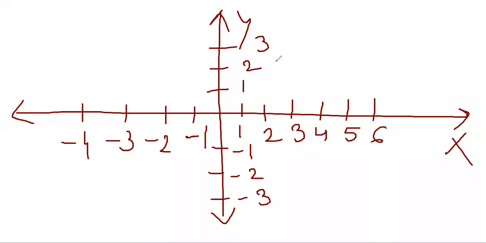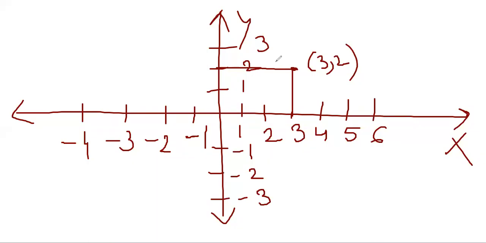Right? So how to plot the number? Let's take the number 3, 2. Okay? So x will be 3, y will be 2. This number is 3, 2. Right? So up to this we did yesterday.